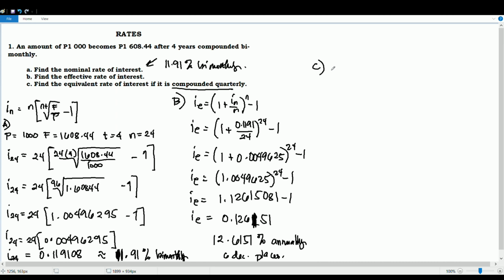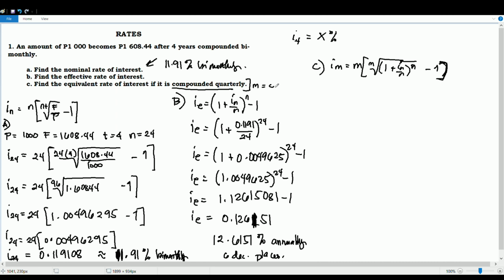So we have I subscript m equal to m times the mth root of 1 plus I subscript n over n, raised to n, minus 1 outside the radical, close bracket. So we have to substitute I subscript 4 because that is m. We're looking for quarterly.